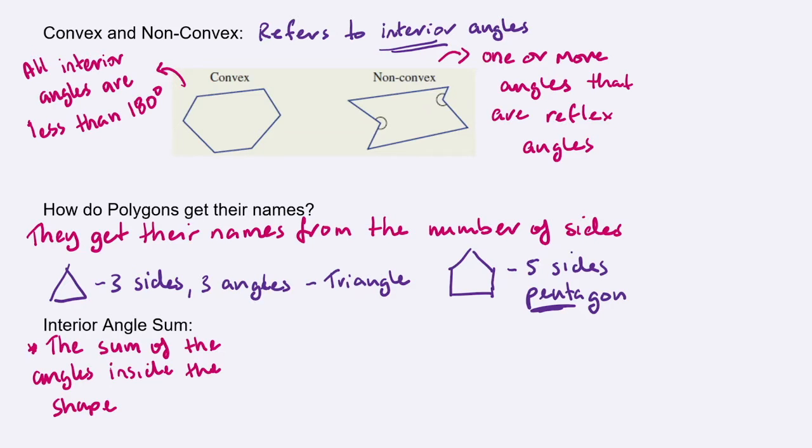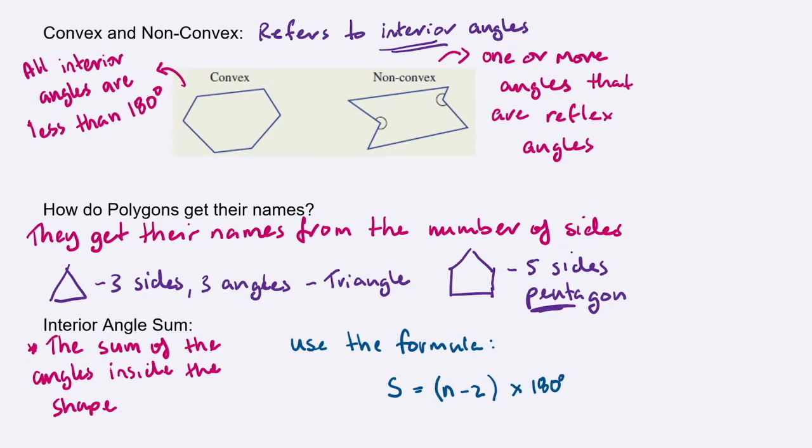And what we do is we use a formula. And that formula is S for sum, so it can be a capital S, equals n minus 2, so n being the number of sides, times 180 degrees.